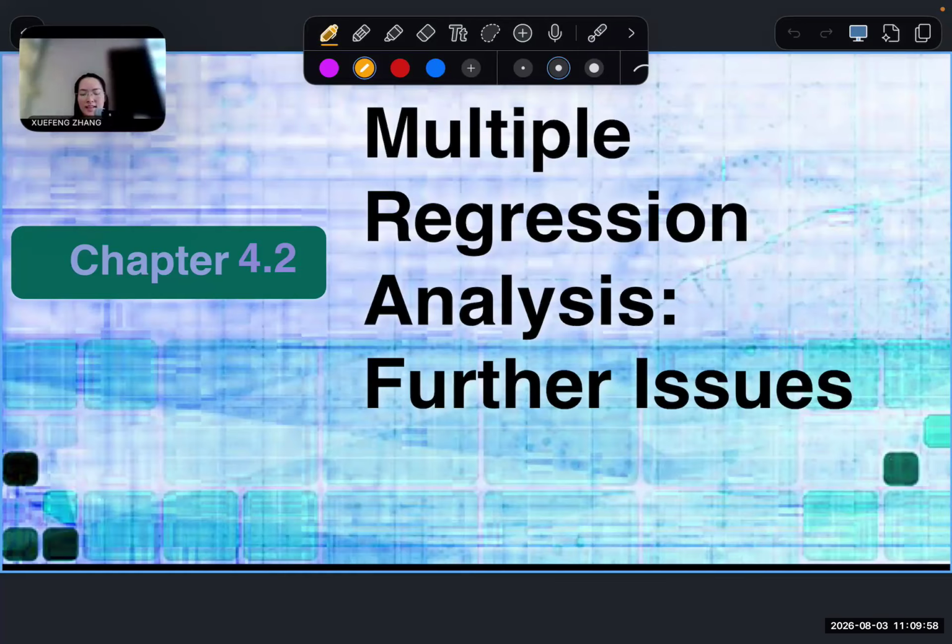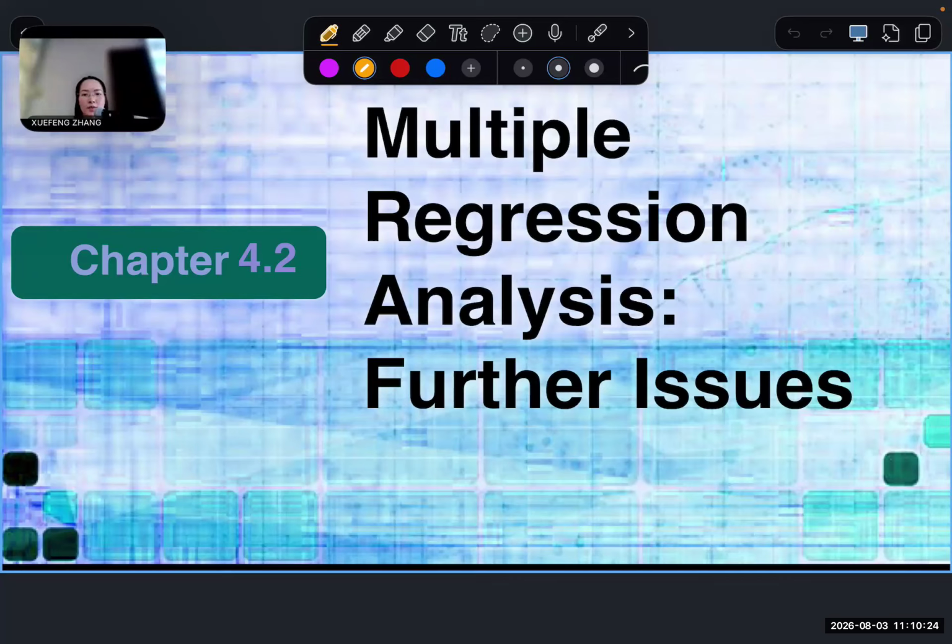So this is the new section, chapter 4, further issues. What does it mean? Let's recap where we've been. Remember, chapter 3 gave us exact inference under normality, so we had a very important assumption, which is normality.